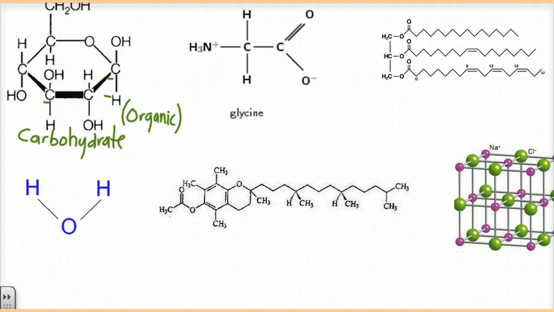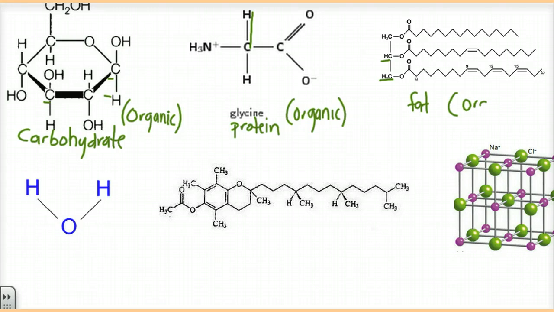Here, number 2 is a protein. As you can see, here are carbon and hydrogen bonds again, so it is organic. Here we have fats or lipids, and as you can see, there's hydrogen and carbon, HC, so it is organic. Here's water.